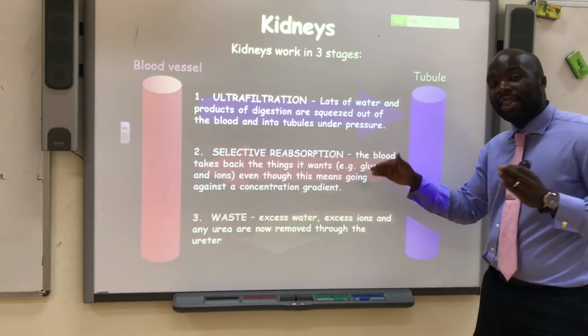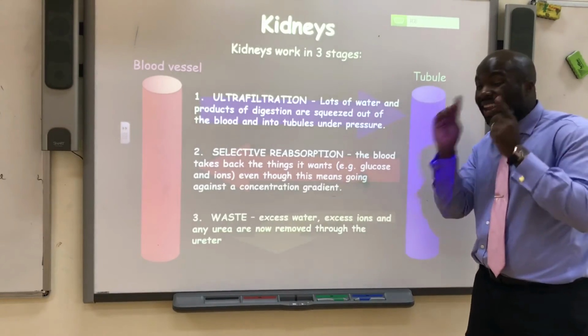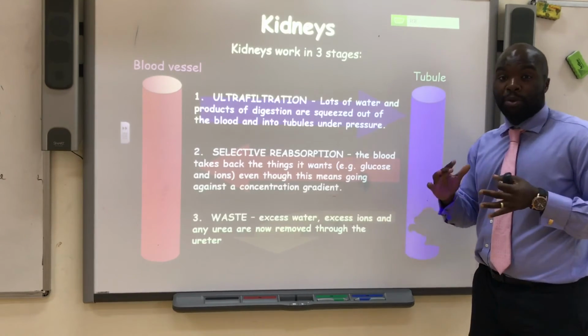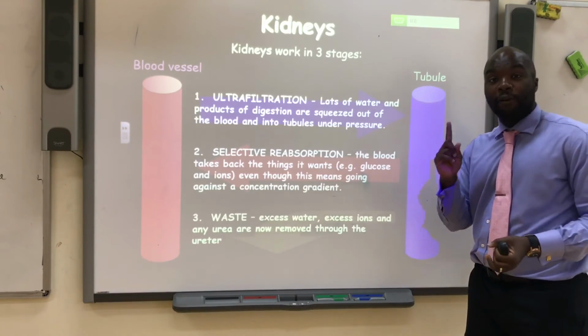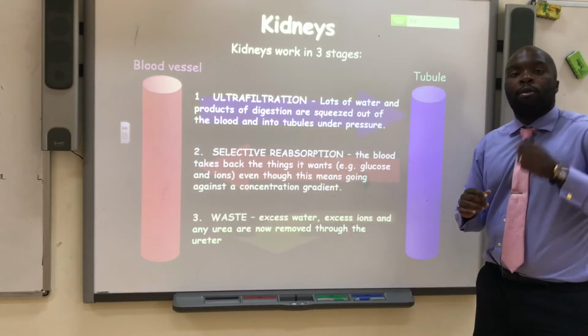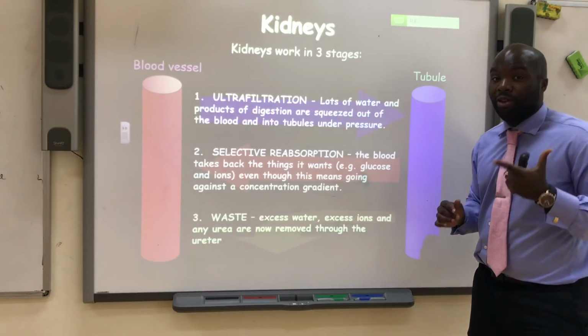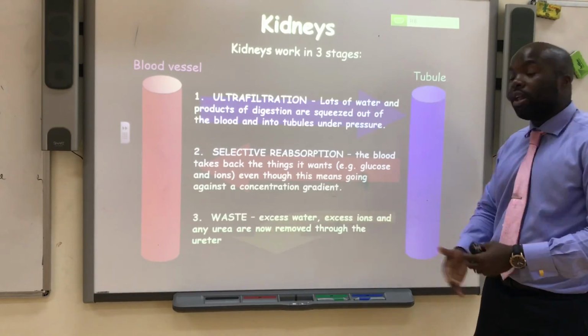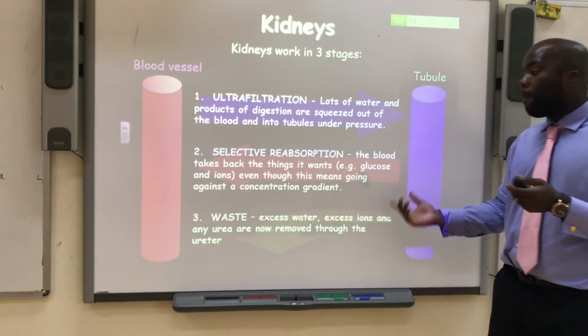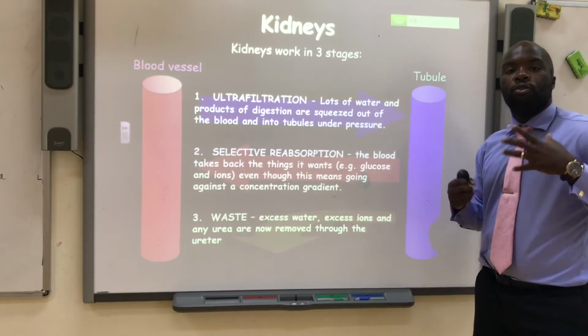But then the next step is reabsorption, but it's selective reabsorption because only certain things that are needed by the body are held on to. So as we said, all of the glucose is reabsorbed back into the blood. Any water that is needed, any ions that are needed. The urea, the waste, and the excess water and the excess ions are passed out.